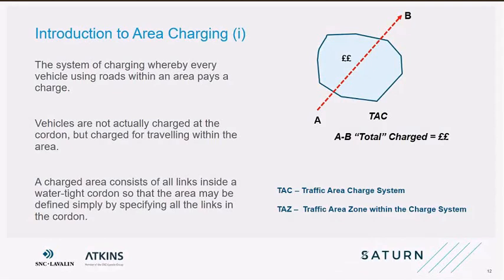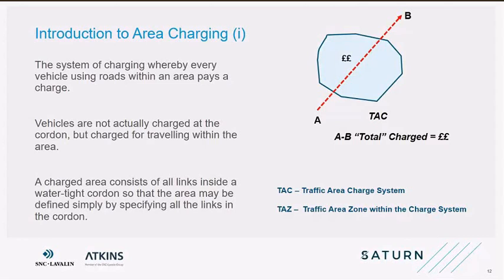So you can define a charge zone, like what you have in London, and any trip that uses links within that zone will pay a charge. The vehicles are not actually charged at the cordon, but charged for traveling within the area. The area is defined using a watertight cordon, so you simply define the links that represent that cordon.